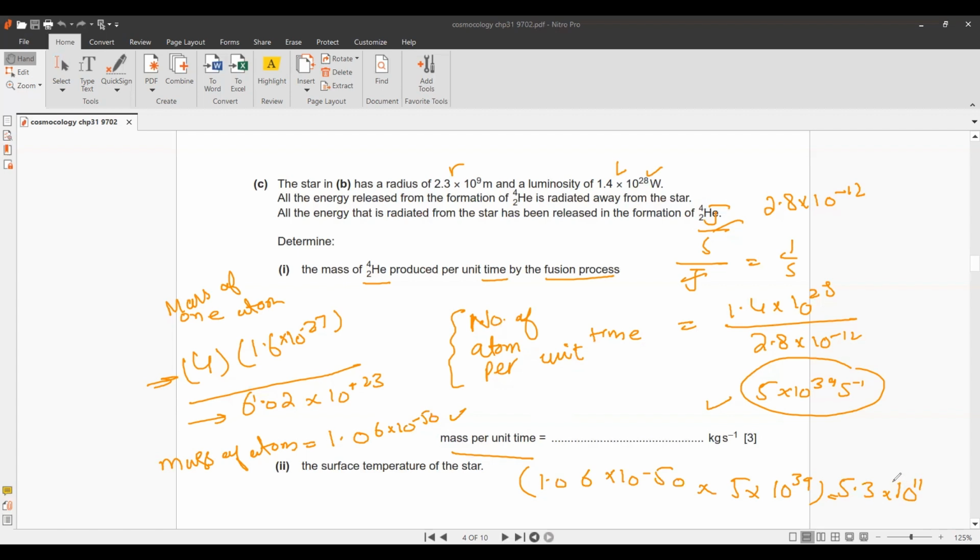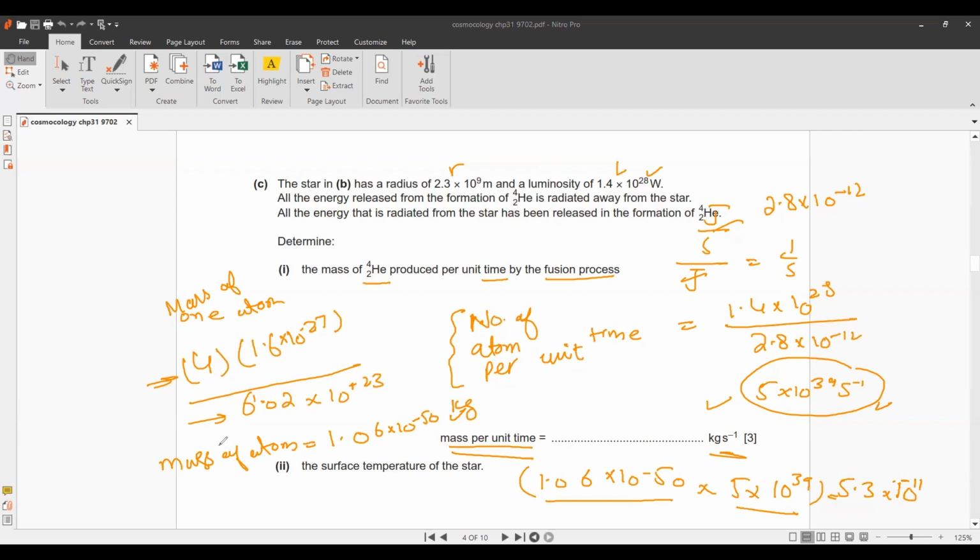Why did we do this? That was the mass of one atom, and that was the number of atoms per unit time. We needed to find mass per unit time, so we multiply them, not divide. This already has a unit per second and this has a unit of kilograms, so we get kilograms per second.